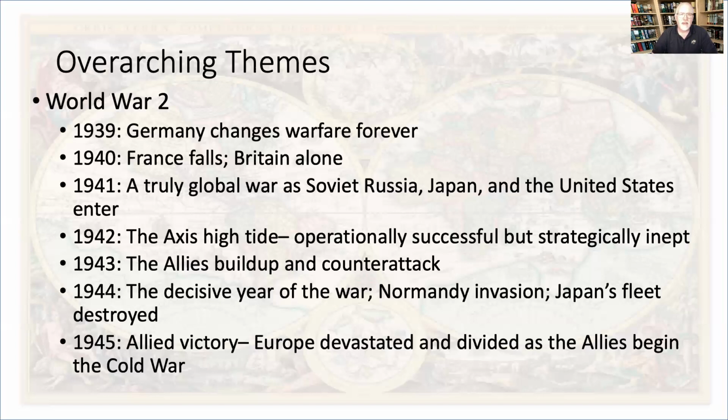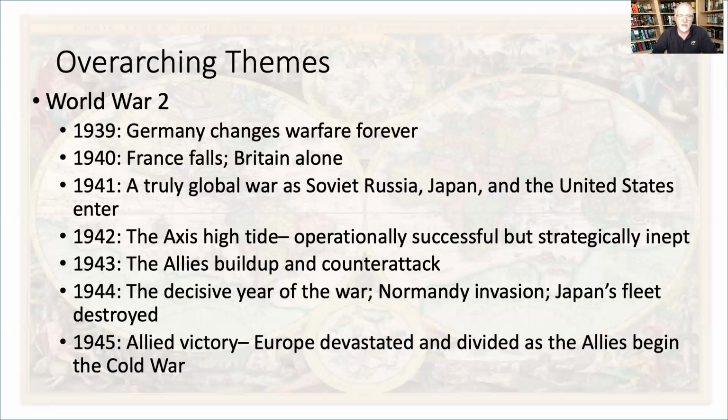Of course, the Germans have a new way of warfare, blitzkrieg, which interestingly enough, the Germans never called blitzkrieg, using, again, new weapons in warfare: the airplane, the tank, the radio, the truck. All of these changed warfare forever.